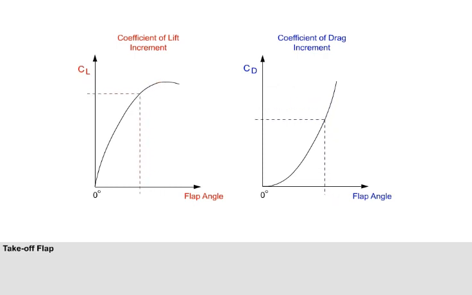A smaller flap angle will give less CL max, which will result in a higher takeoff speed, but the reduction in drag will give better acceleration. Taking both CL max and drag into consideration, there will be an optimum flap angle that will give the shortest possible takeoff run. For jet transport aircraft, the optimum flap angle for takeoff is approximately 15 degrees.